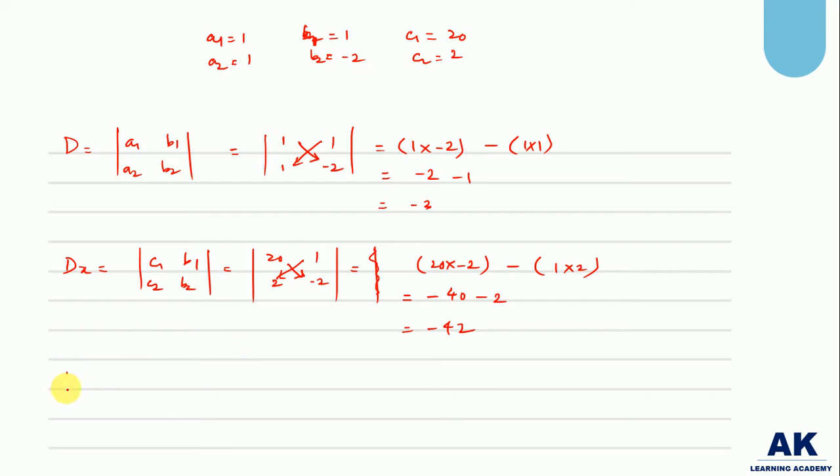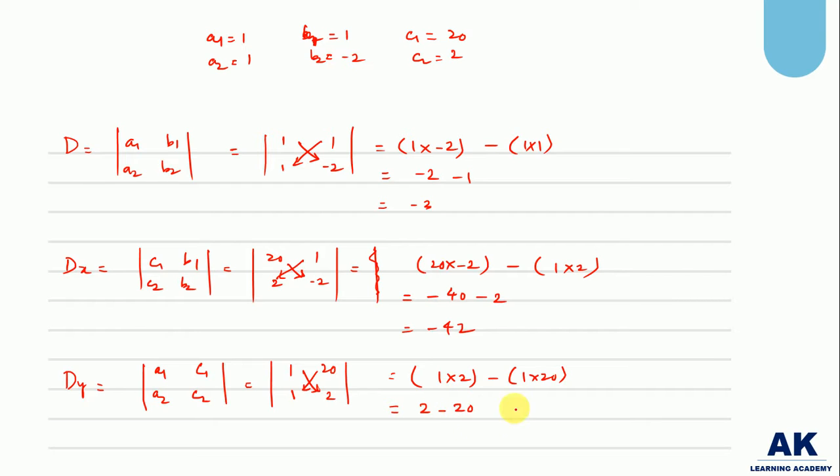All right, and what is Dy? Dy is equal to a1 c1, a2 c2, where a1 is 1, c1 is 20, a2 is 1 and c2 is 2, right? When I cross multiply, we will get 1 into 2 minus 1 into 20. 1 into 2 is 2, minus 1 into 20 is 20.